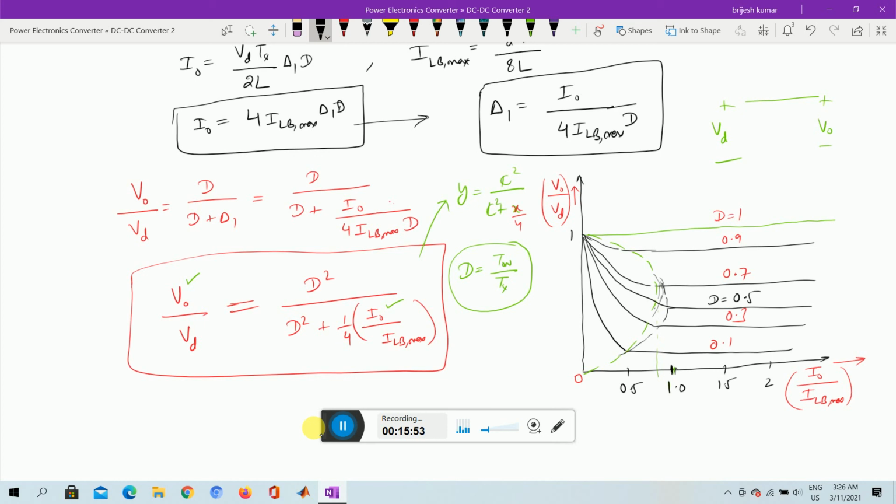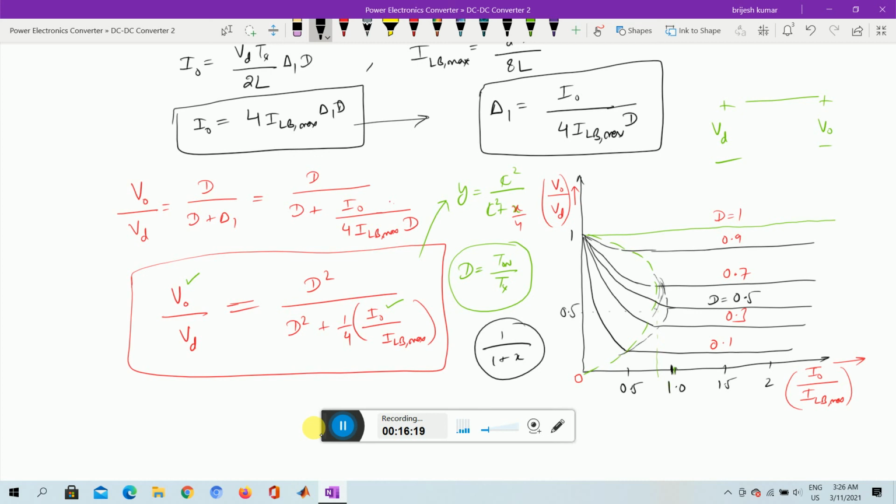We will get a pure equation as 1 by 1 plus x. So when x is equal to 1, you will have V0 as 0.5. This value is nothing but 0.5, because when x is equal to 1 it means I0 is equal to I_LB. This is just half.